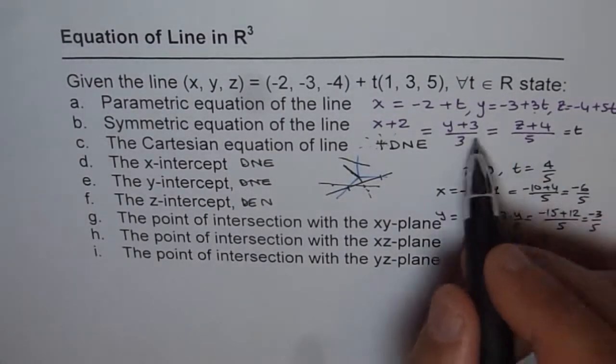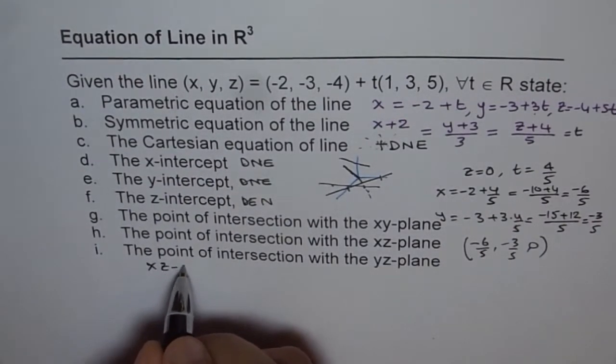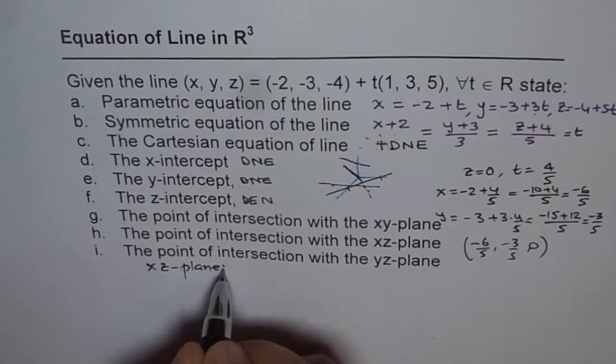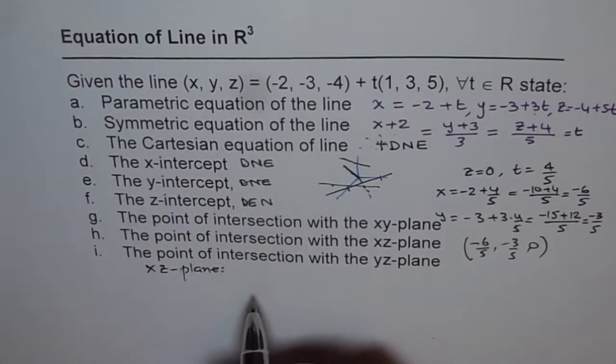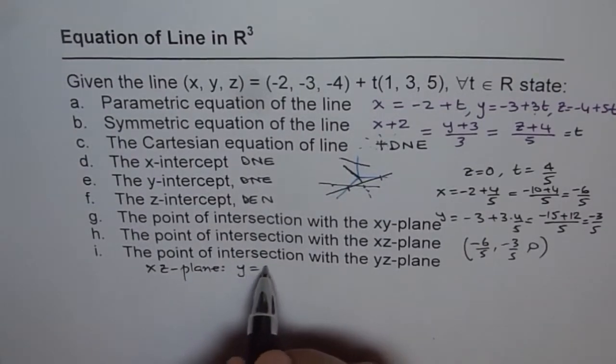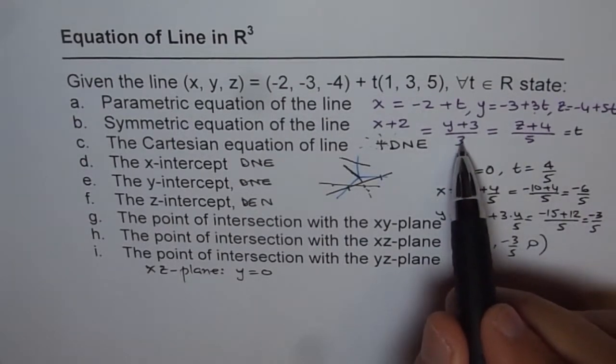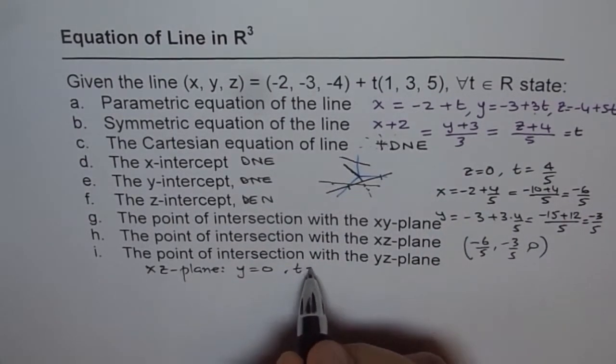If Y equals 0, the value of t is, so we are doing the point of intersection with the XZ plane, right? I'm just squeezing in here a few lines and I hope you can see them. Okay, for the XZ plane, we know Y equals 0. Now if Y equals 0, then t equals 3 divided by 3, which is 1. So t equals 1.